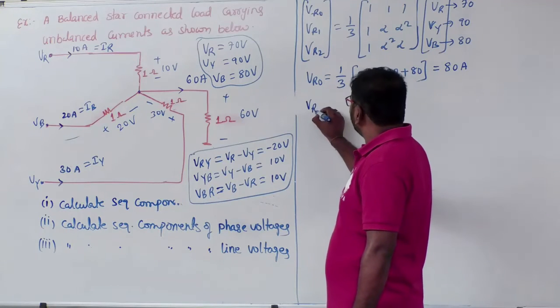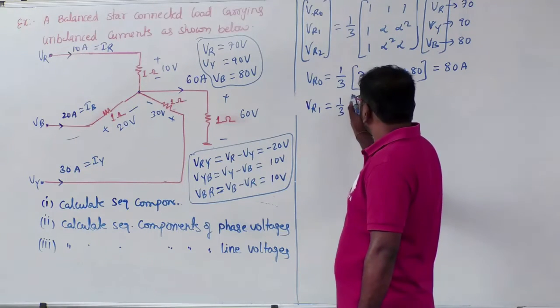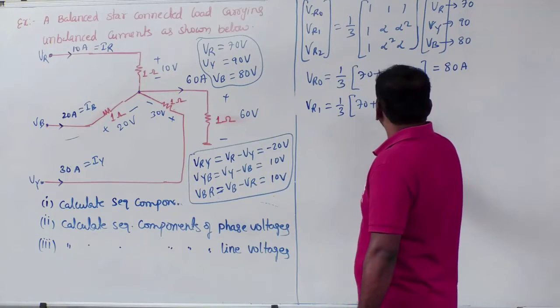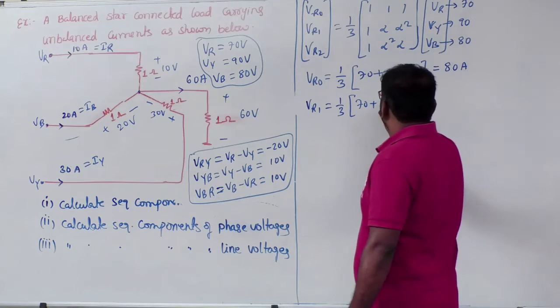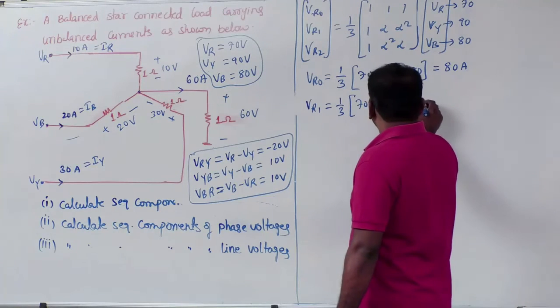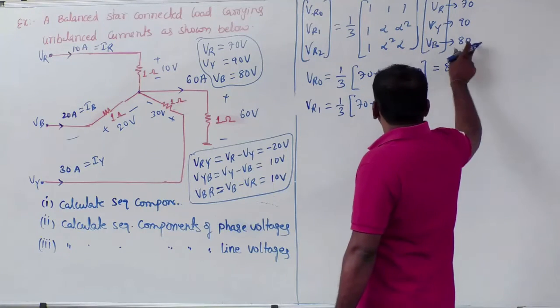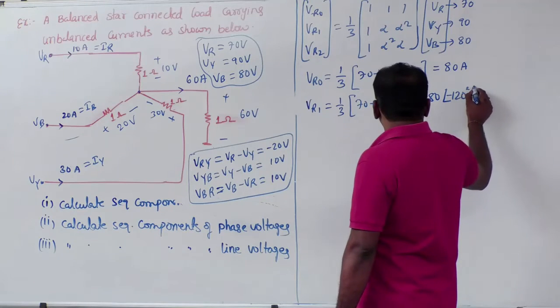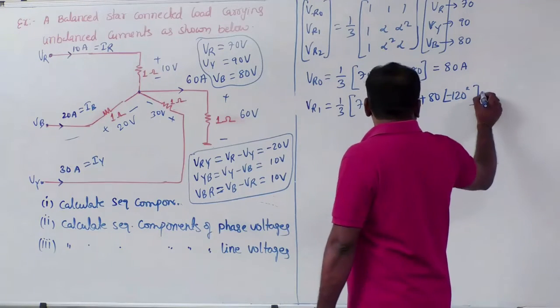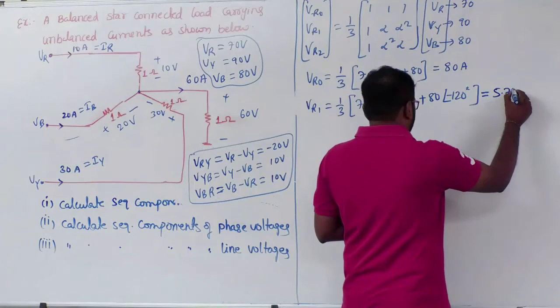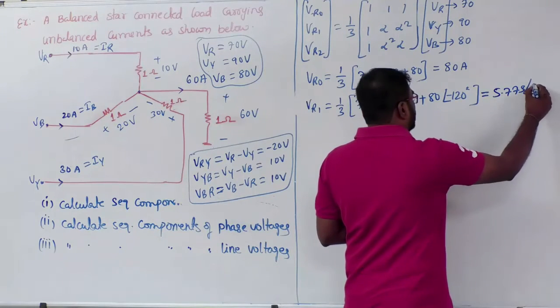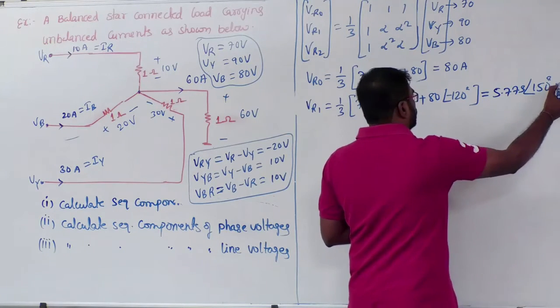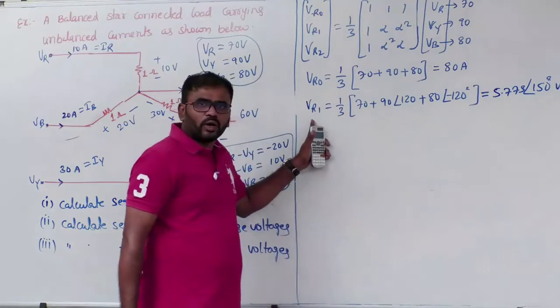Now what is Vr1? 1 by 3 times 70 plus 90 times alpha, 90 at an angle 120, plus 80 times alpha square, 80 at an angle minus 120. If I solve this, we get 5.773 at an angle 150 degrees volts. That is Vr1.